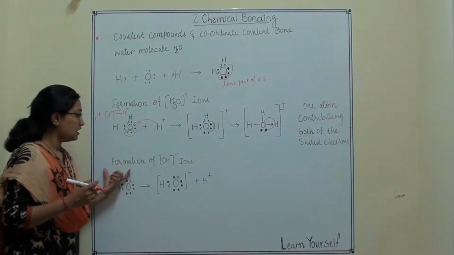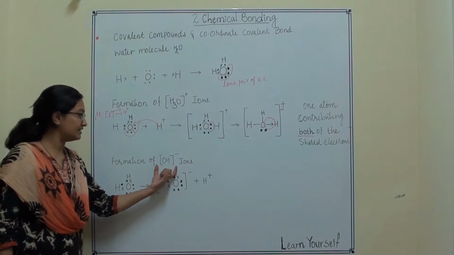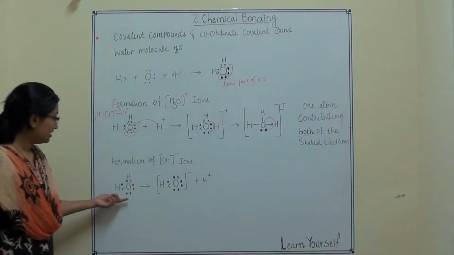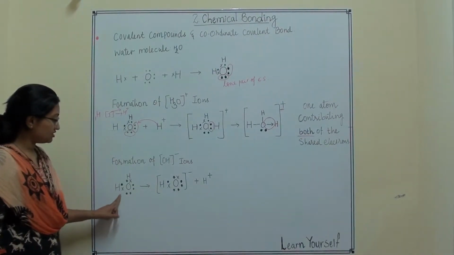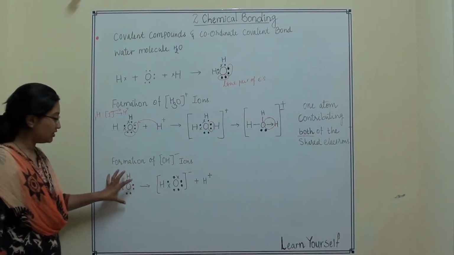Now one more ion formation is there, that is the formation of the hydroxyl ion, OH minus ion. How is this happening? Again, this is our water molecule, with two covalent bonds between hydrogen and oxygen.